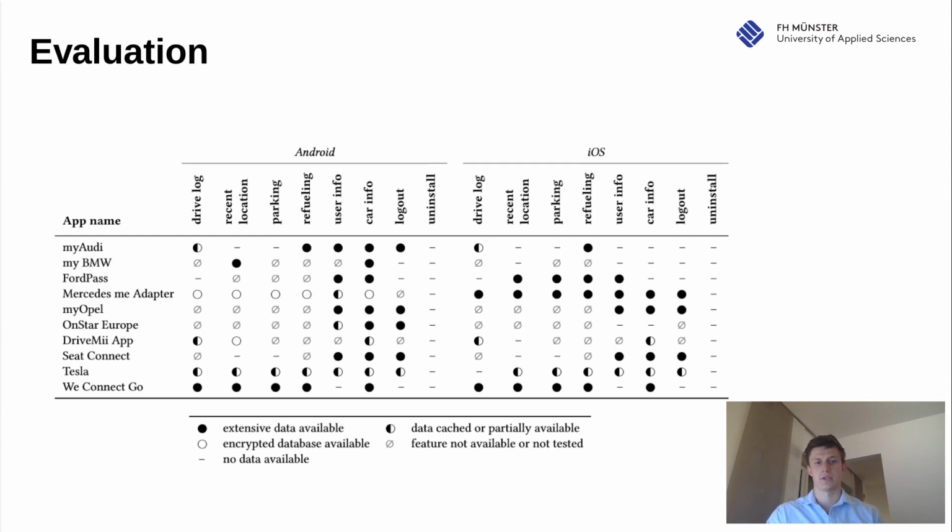We found that nearly all applications store information about the user and the car. The information we could find about the users were email addresses, phone numbers, or addresses, and the information we could find about the vehicle were things like the vehicle identification number, or further specifications of the car, or even a history about the unlocking process of the doors.